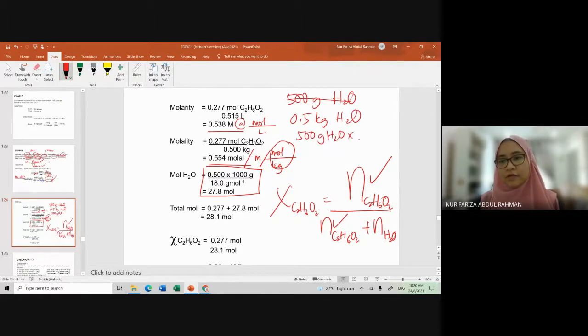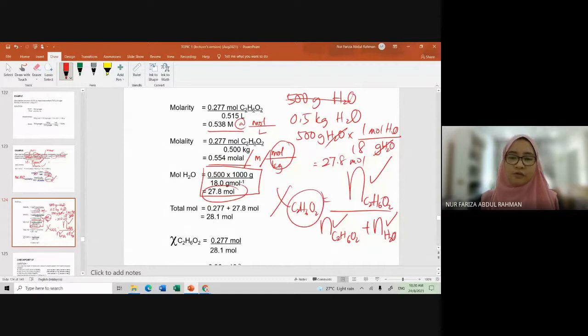To find out the mole, gram of H2O over molar mass, up here we have 1 mole of H2O. So the units cancel out and you will get 27.8 mole. So we have all the information now, so we can insert the values and calculate the final mole fraction of solute. That would be the second example for concentration expression.